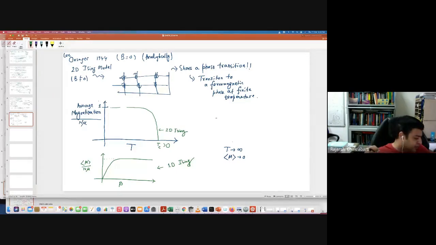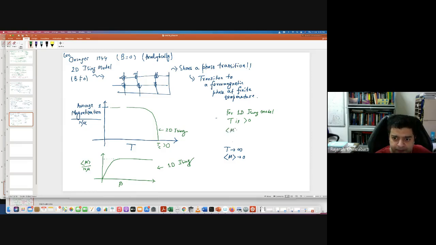You understand what I'm saying? At high temperature, what is the magnetization for the 1D Ising model? Let me write it down. When temperature is greater than 0, what is the value of magnetization?